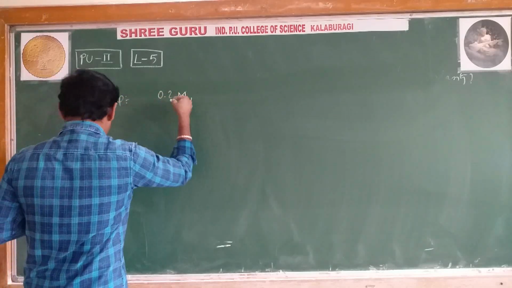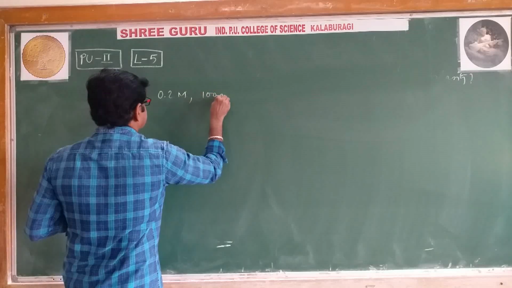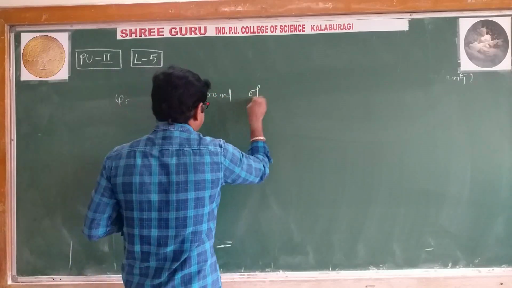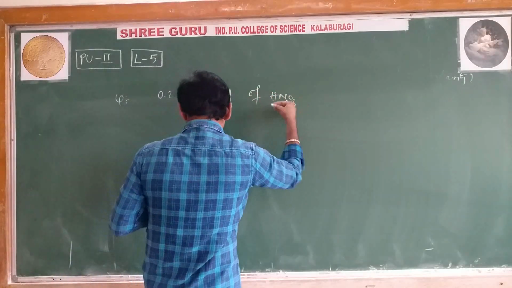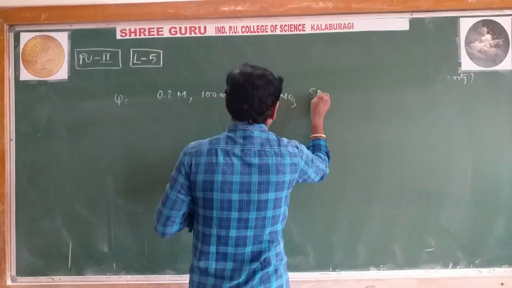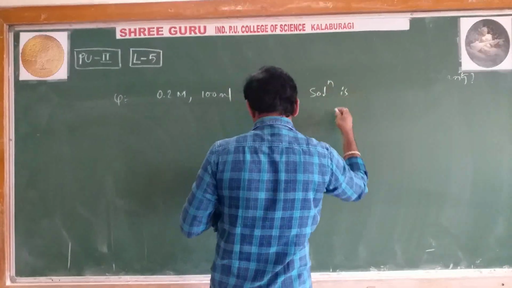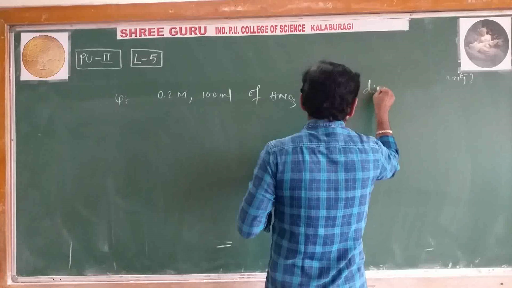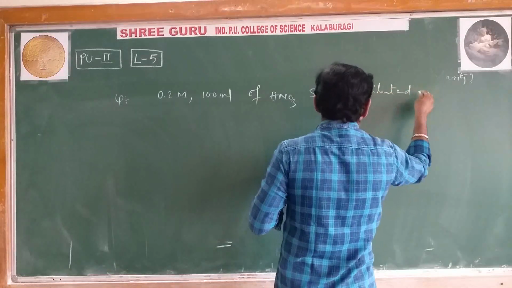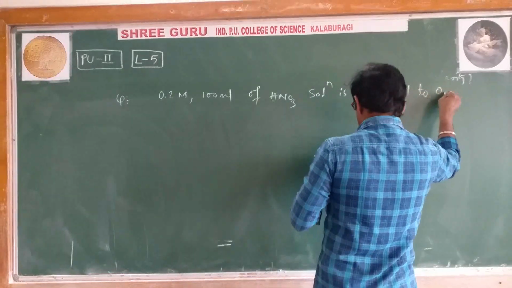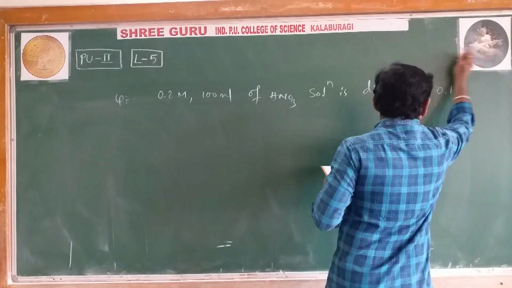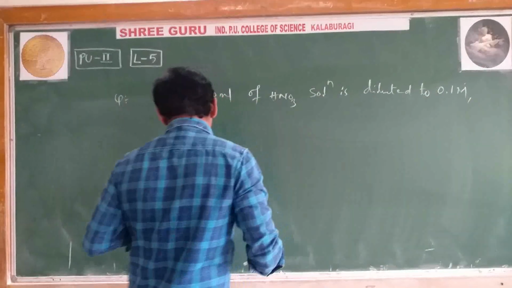0.2 molar 100 ml of HNO3 solution is diluted to 0.1 molarity.